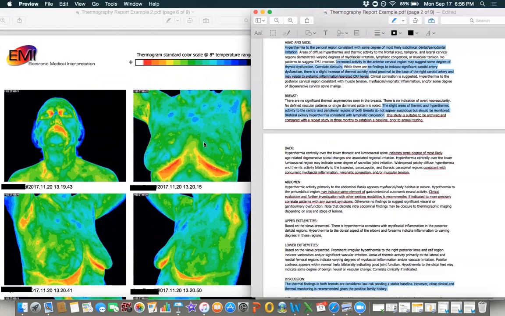So centrally located throughout this area here and to the sides, some slight hyperthermia here. And they do not appear suspicious, but should be monitored. Bilateral underarm hyperthermia, they can tell by the patterns that this is consistent with lymphatic congestion.